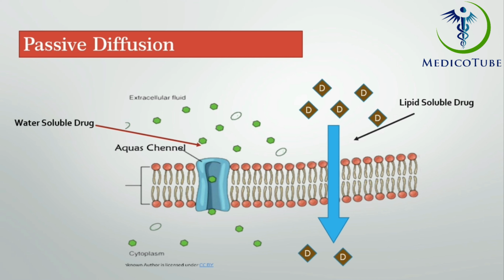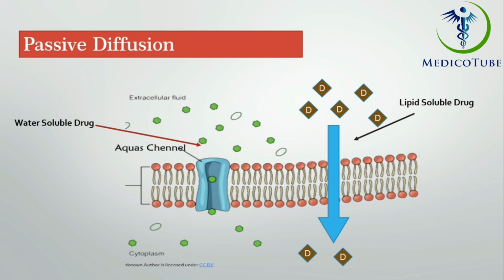So it will move from the blood to the tissue compartment until it reaches the concentration gradient. The concentration gradient means that the drug present on both sides is equal. It means if the drug is 50% in the blood, it must be 50% in the tissue compartment.